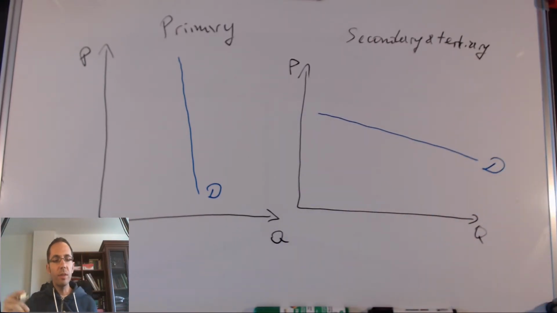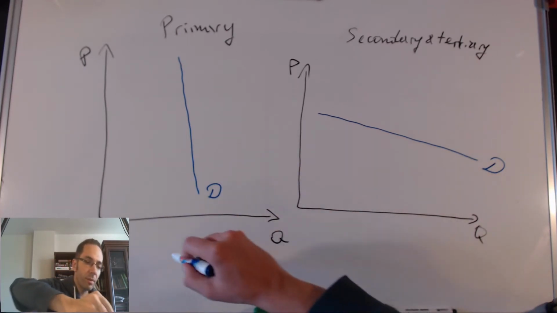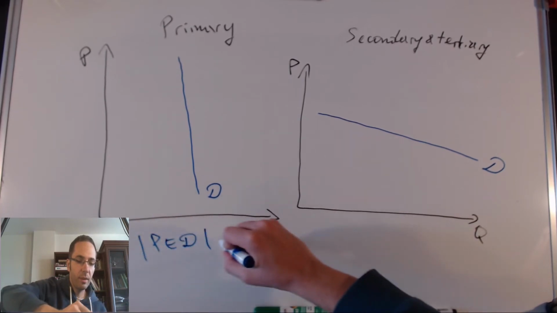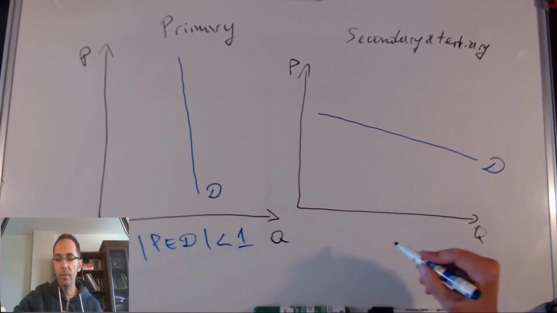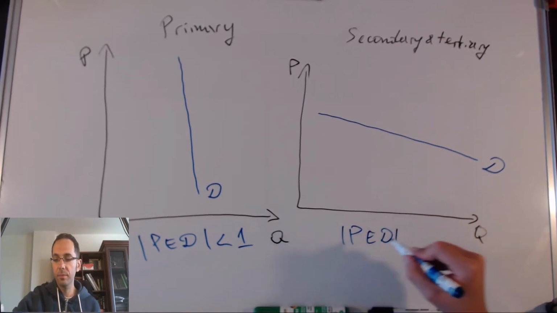Okay, so this is a demand for a primary product, and this is a demand for a product that is either secondary or tertiary. It doesn't matter. But what we need to realize is that the price elasticity over here would be inelastic. So I'm going to have PED is less than 1. And over here, I'm going to have elastic price elasticity of demand.